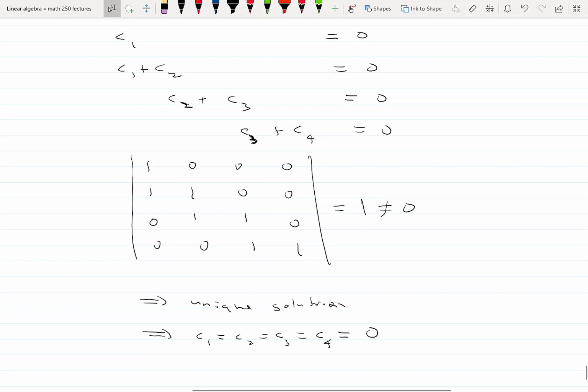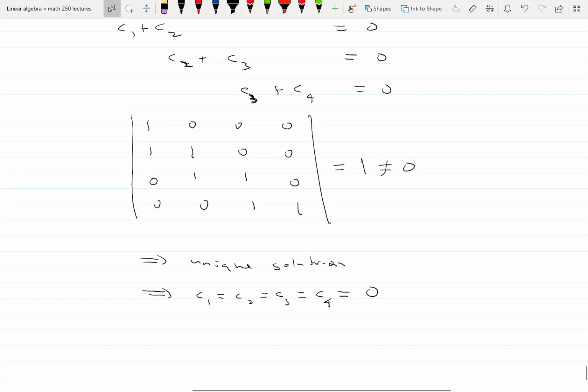If it's square, if the system has the same number of equations as unknowns, you can fortunately use the determinant. If it's not square, you have to do something else. You can't compute a determinant of a system of 5 equations and 17 unknowns. The theory says that, don't skip steps, if the determinant is not zero, you have a unique solution.